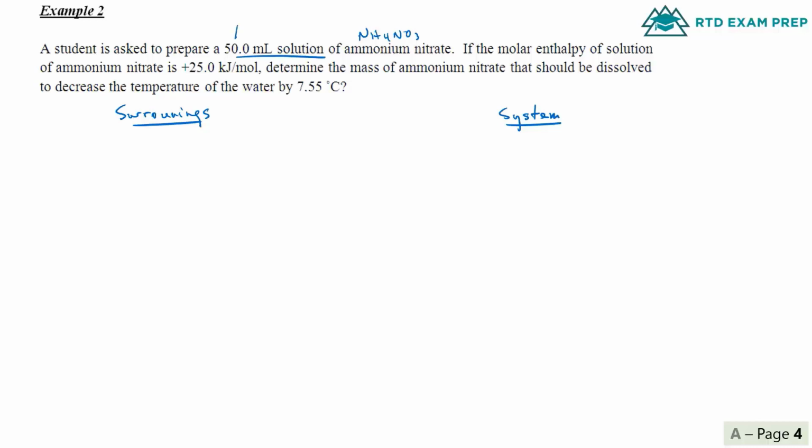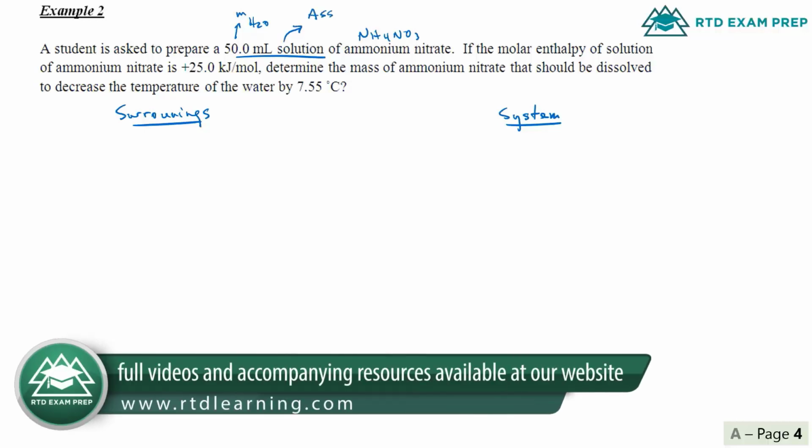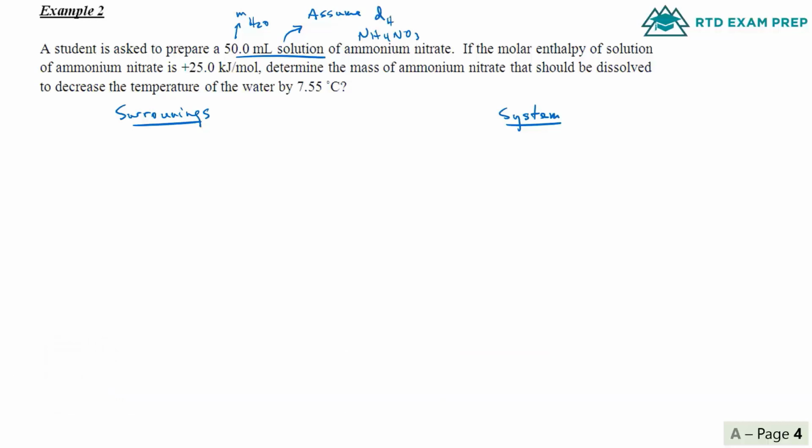This is actually where we're going to get the mass of H2O. The reason why is because for a particular aqueous solution, we can assume that the density of the solution is equal to the density of water. And if you recall, the density of water is 1.00 grams per milliliter.